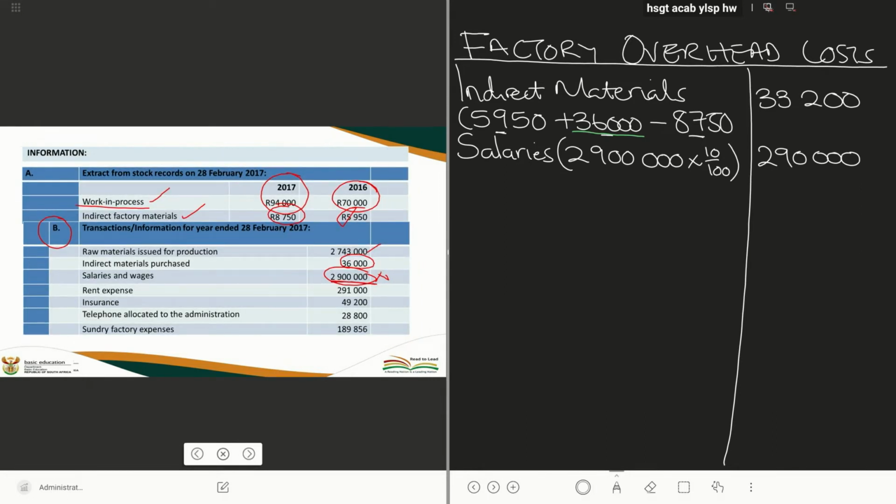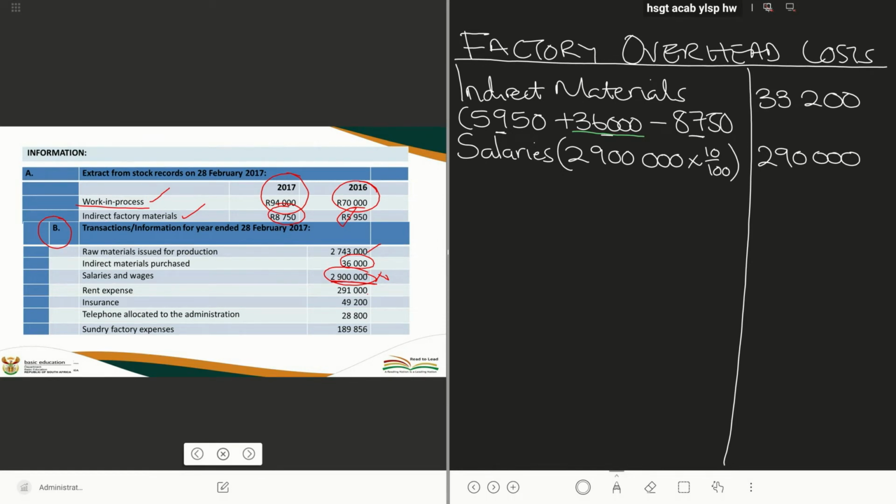The next information has to do now with rent expense. All right? And it says rent expense is 291,000. So I'm going to do my calculation here so that you don't lose it. Where is rent going in the first place? Does rent go into the production cost statement or in the factory overhead?